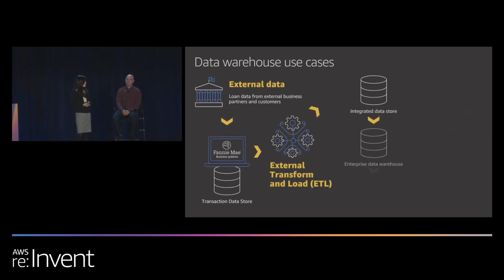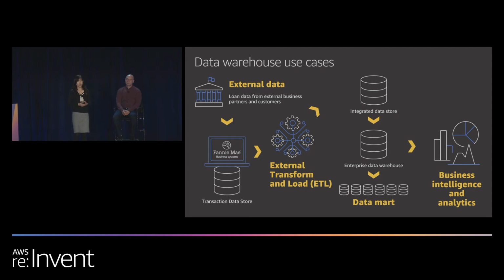Here is a typical use case of our data warehouse. We collect external data from our lenders as well as external partners, and that data is fed into our various transaction data stores. In the transaction data stores, we process the real-time business process. This data then feeds into our integrated data store.